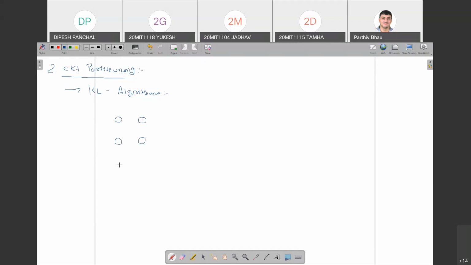In step number 3, I have found the gain, and in step number 4, I have taken one of the maximum gains. In this particular example, G35 is equal to 3 and G46 is equal to 3.